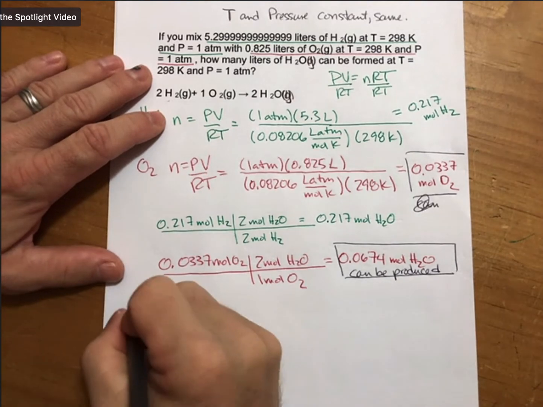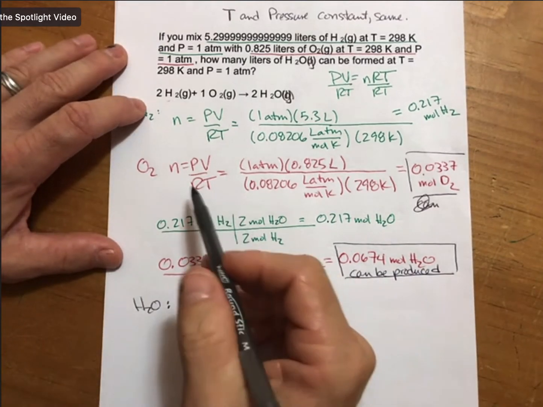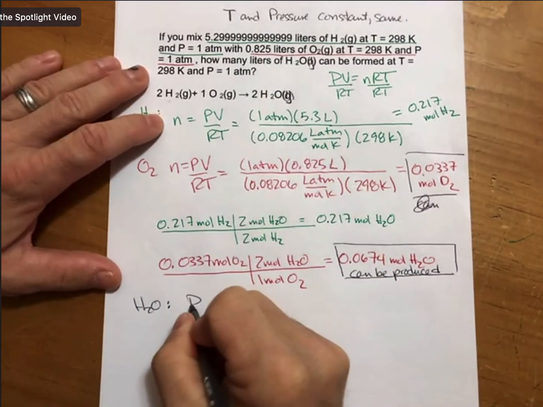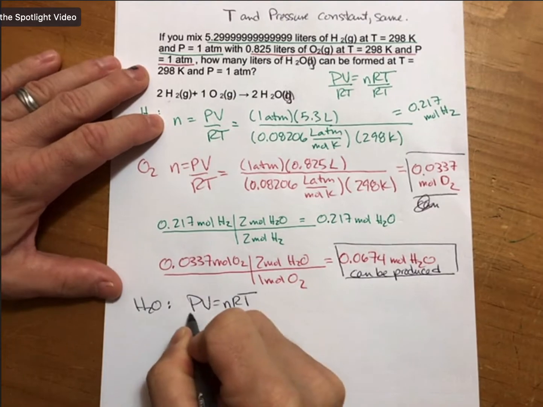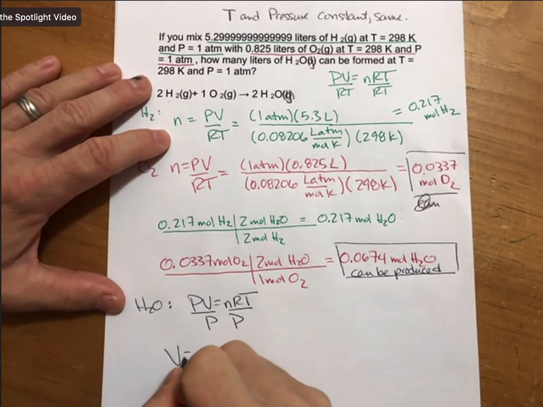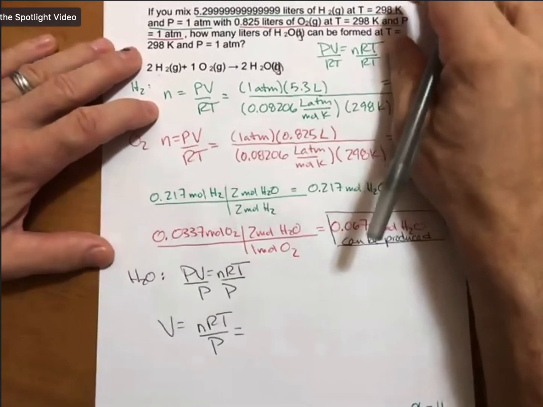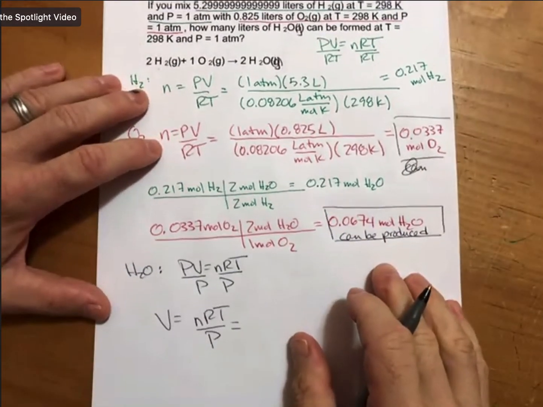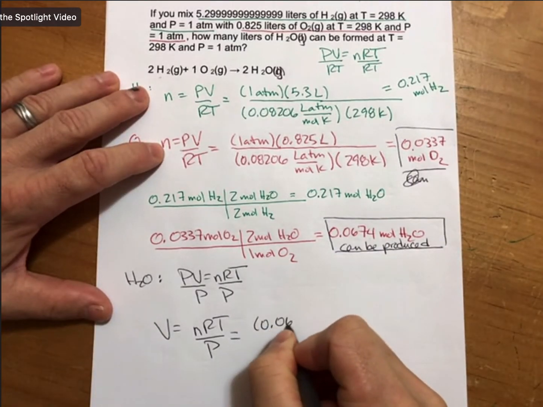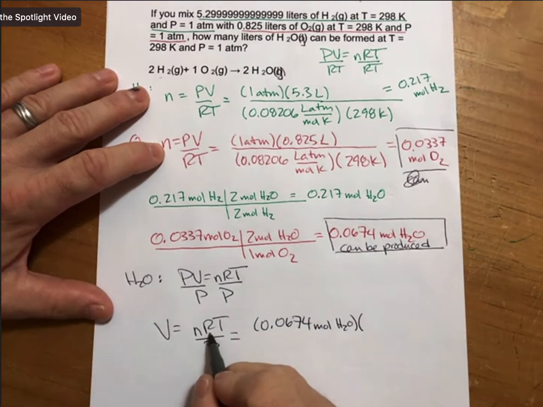And so now for H2O, we can basically work the calculation backwards, or in a slightly different way, to figure out our liters of H2O. Solve the ideal gas law for volume. And once we do that, by the way, we'll reflect on our answer to see what's really going on in this problem. We now know our moles of H2O. We know our R value.